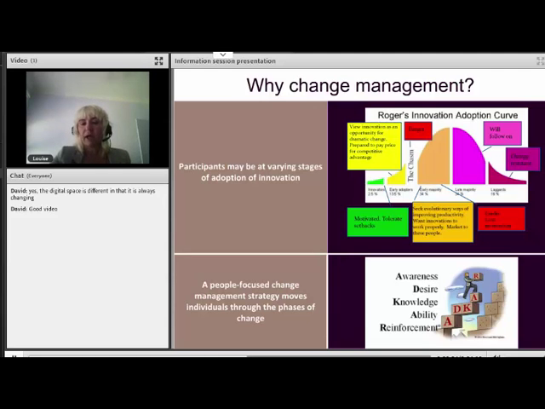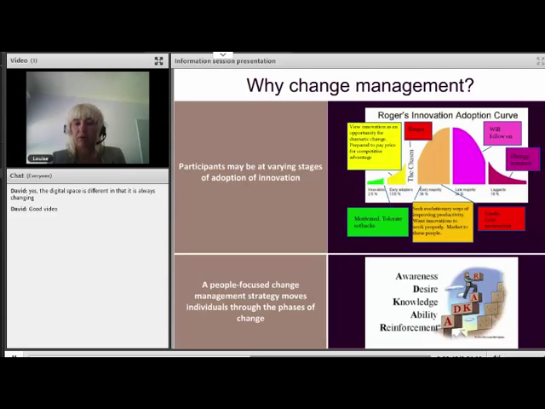This is a key point. Often sites, educational sites, will go straight to knowledge and ability. They'll go straight to the training, but they haven't addressed the awareness and desire. So how do you expect people to move to knowledge and ability if they don't want to change yet, if they don't know what's in it for them, and they really don't know why they have to change?